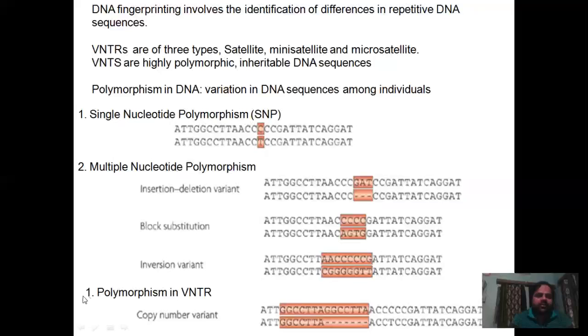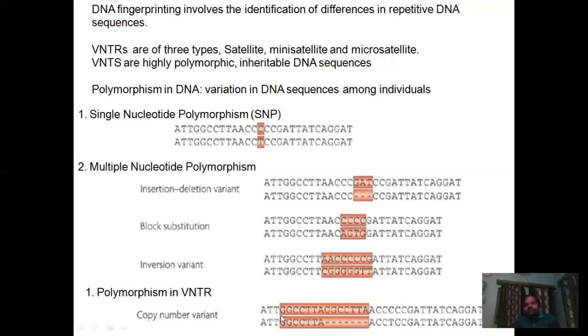The third polymorphism is VNTR, or variable number of tandem repeats. Here there is a short sequence, GGCCTTA, which has been repeated two times in one individual, but in another individual only one repeat is there.